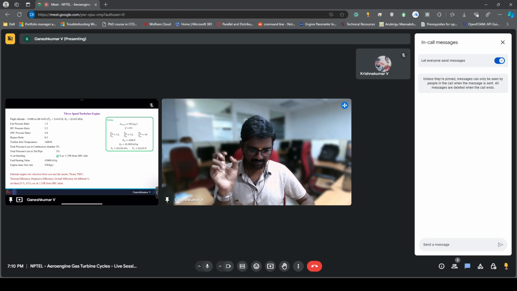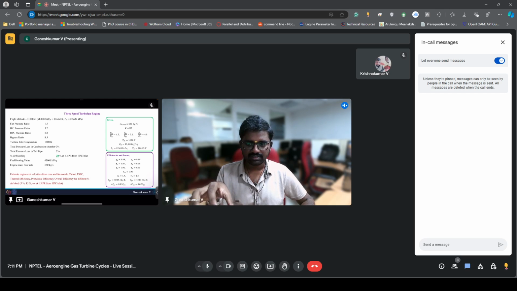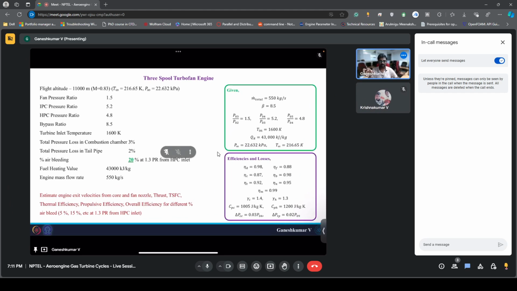So these are the given important parameters for this engine, and these are the efficiencies and losses provided.